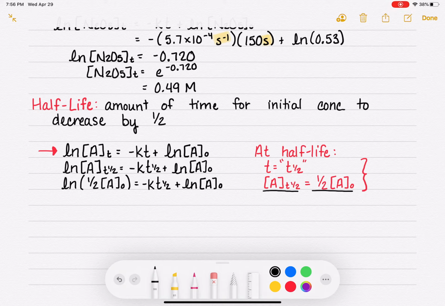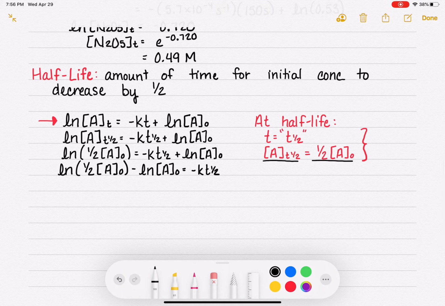And then we're going to do some amazing algebra. Let's move both of the natural logs to the same side of the equals sign. So we get natural log of 1/2 A at time 0 minus the natural log of A at time 0, and that is equal to negative kt1/2.